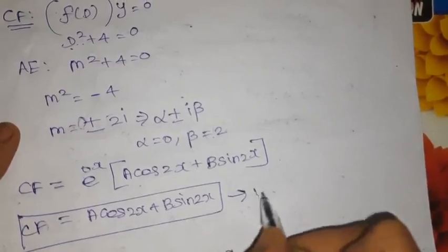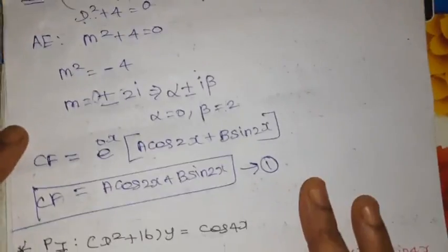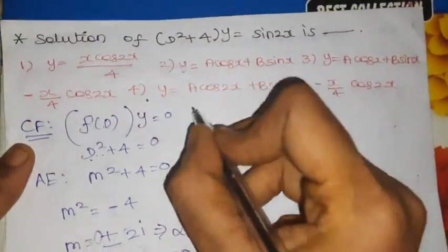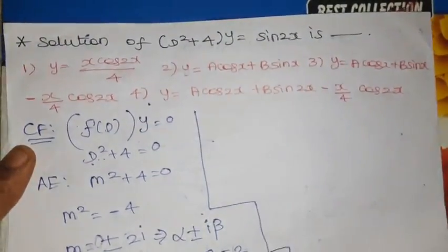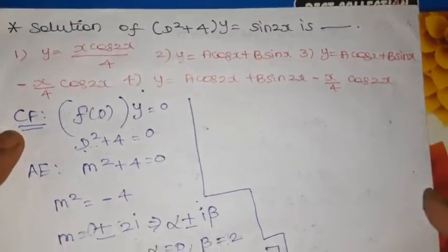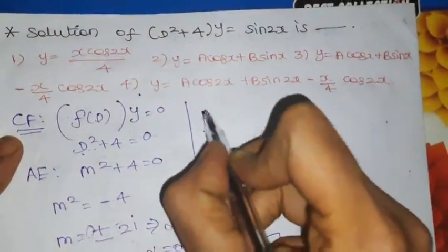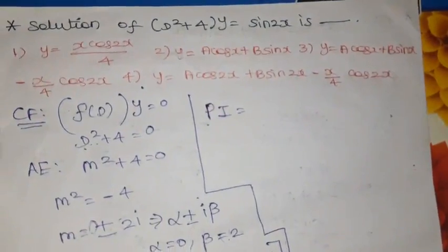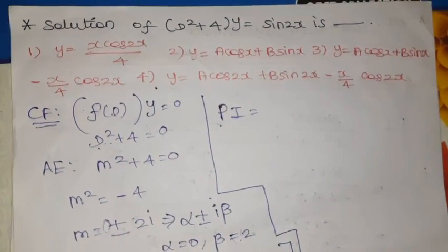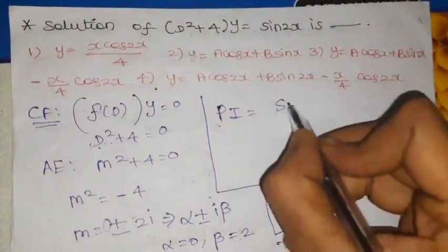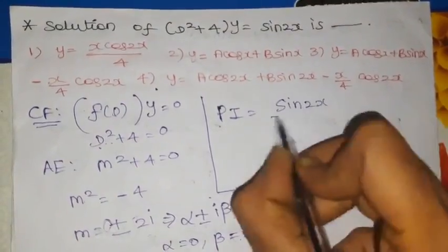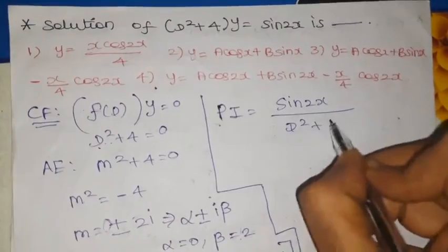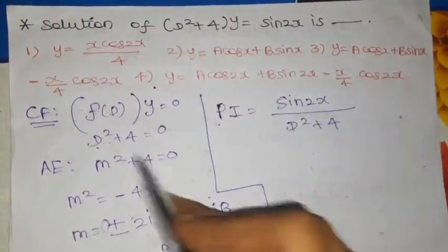So it is equation 1. Then what is the next step? We need to find out the particular integral, and clubbing both complementary function and particular integral, we will find out the solution. For finding the particular integral, we need to use the RHS. RHS is of the type of sine function, so sine function divided by f of D squared plus 4 here.